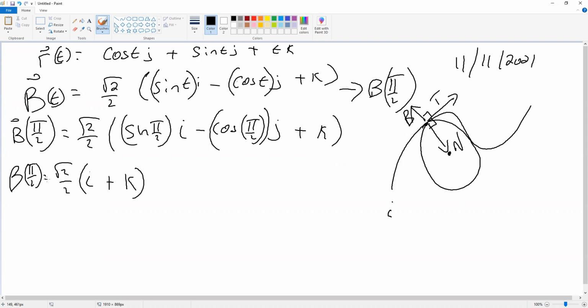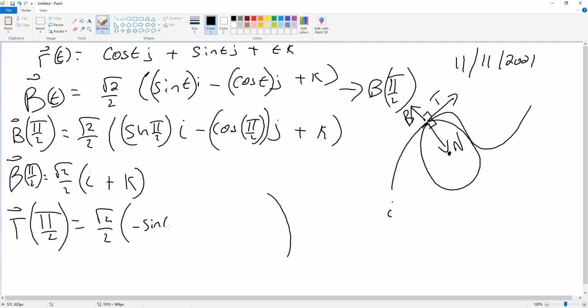And then we can find T of pi over 2. And that was root 2 over 2 times what? Was it sine t of i again? Negative sine t of i, that makes sense. And then it has cosine t of j. Is this minus or plus cosine? Plus, okay.